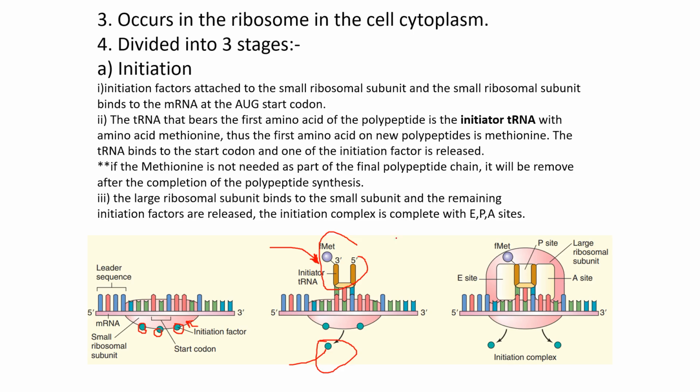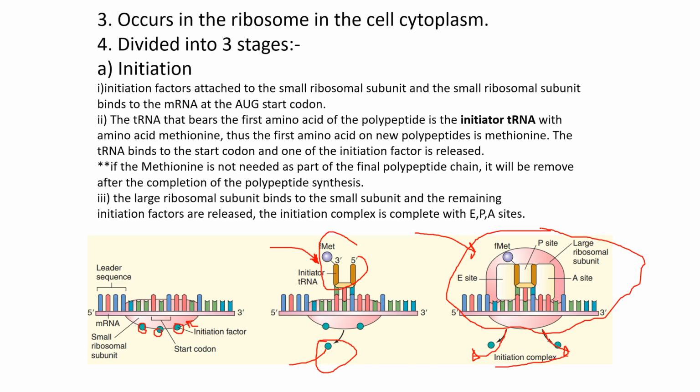So the large ribosomal subunit will bind to the small ribosomal subunit. Then what happens after that? The initiation factors will detach or be released. When the initiation factors are released, the initiation complex is complete or formed.